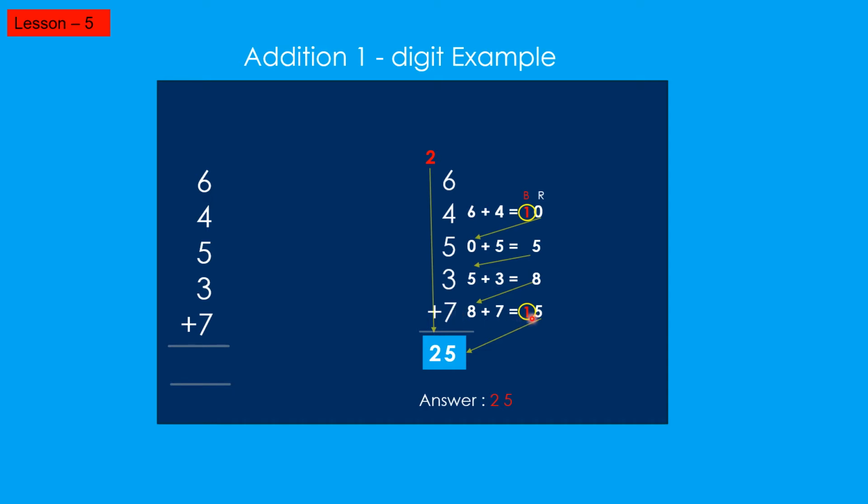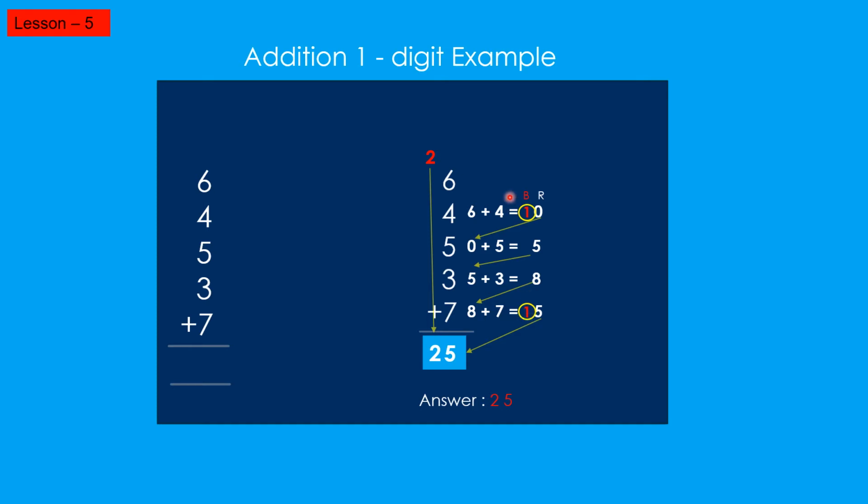So in 15 you circle the 1 as your base and write 5 as a remainder, and then you write this 5 in your answer box. There is no next number, 7 is the last number. So after adding 8 plus 7 is 15, you write 5 in the answer box.